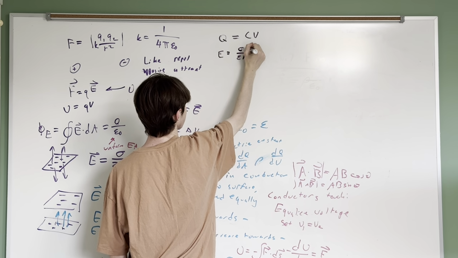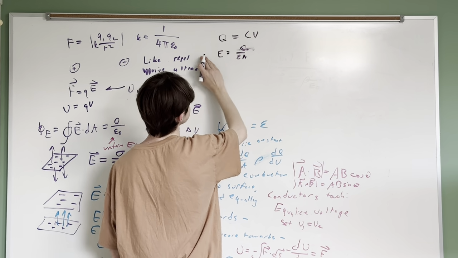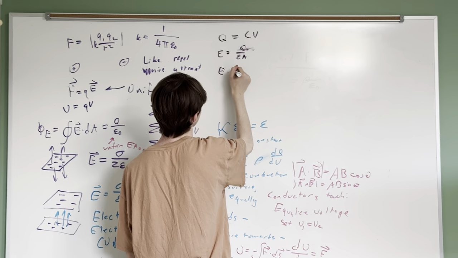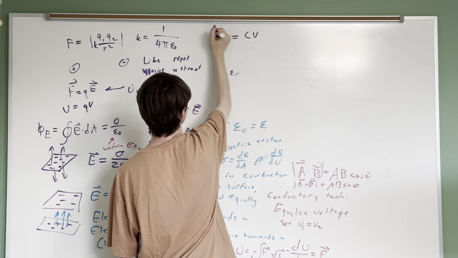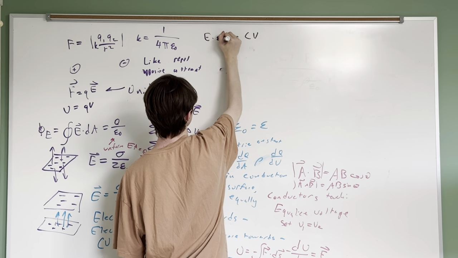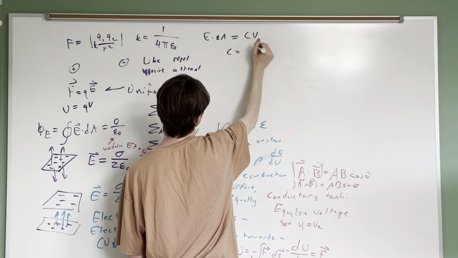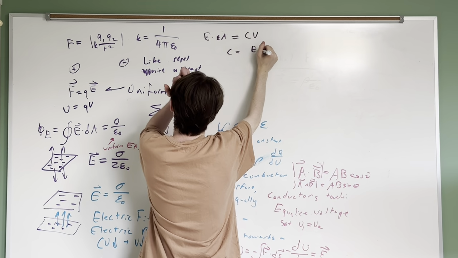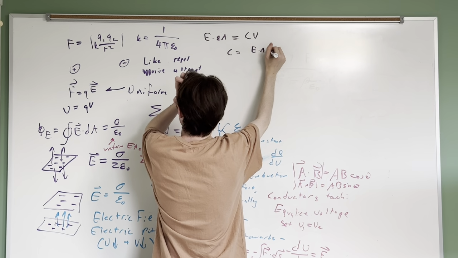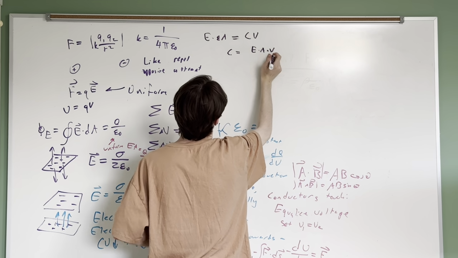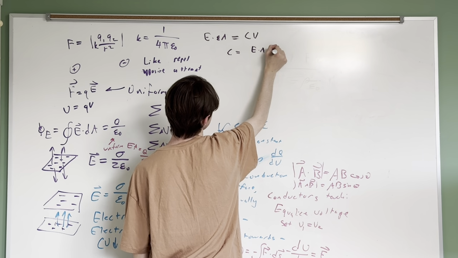Multiply both sides by A. Now we have Q. So now we have E times epsilon A equals Q, and capacitance is equal to E times A times epsilon over V.